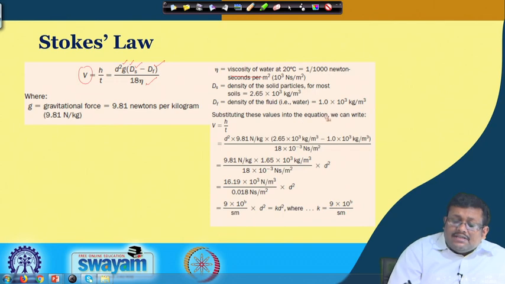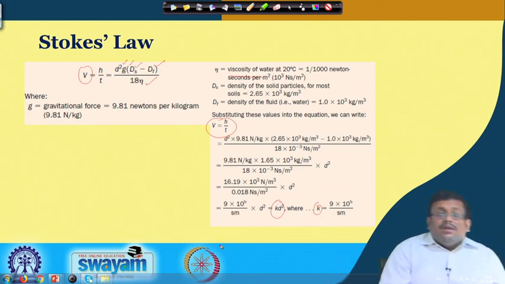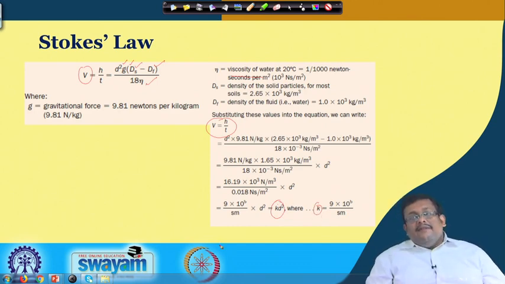Substituting these values into the equation, we can write V equals h by t, where h is the distance and t is the time. When you simplify, we get V equals k d square, where k is a constant. So, in other words, the settling velocity of any particle through a liquid is proportional to its diameter.